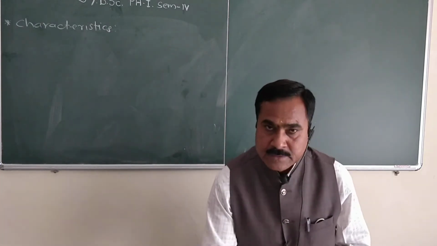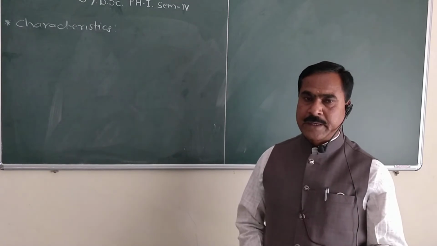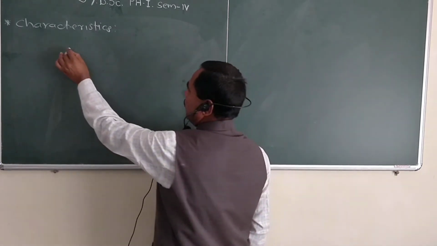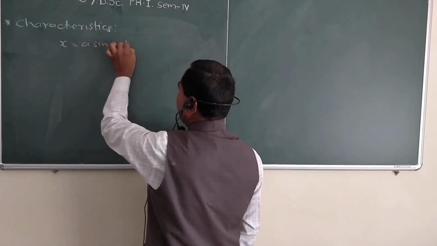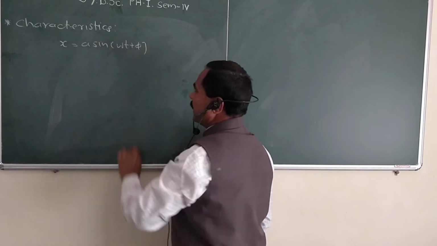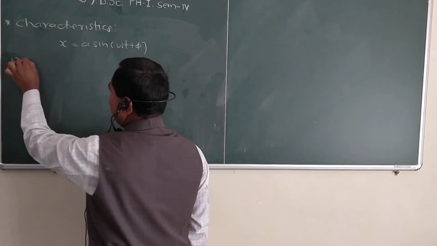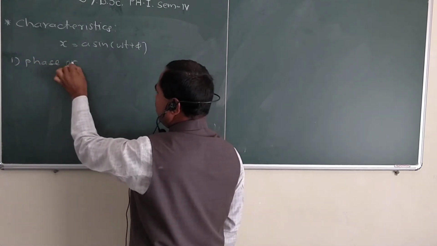So first we write the equation of displacement of a particle performing linear SHM, and that equation is x equal to A sin of (omega t plus phi). Right? So the first characteristic is the phase of SHM.